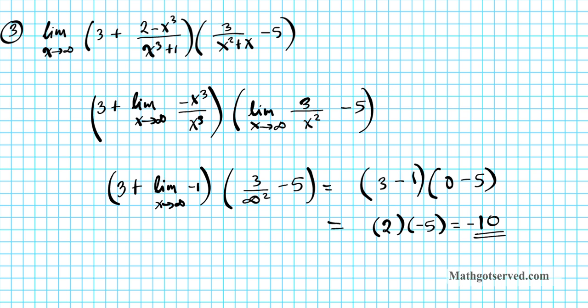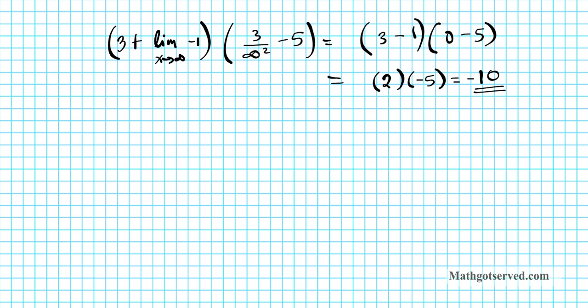Okay, now how about we shift gears and do some trig types of limits involving infinity. Okay, put some trig here. All right, so what if we have the limit as x approaches infinity of sine x over x? So we're going to have to use the Sandwich Theorem here. So how do we do this?